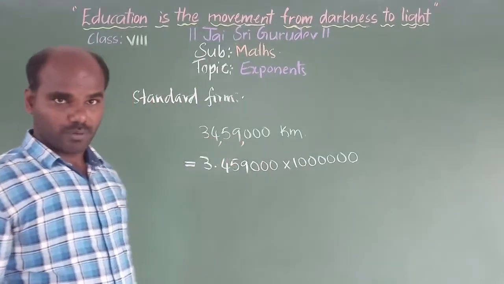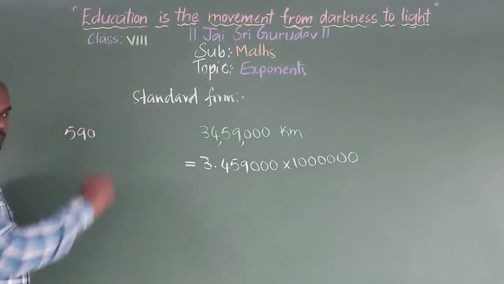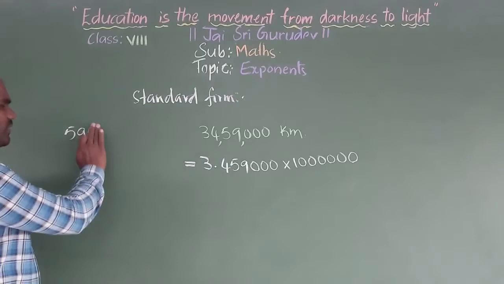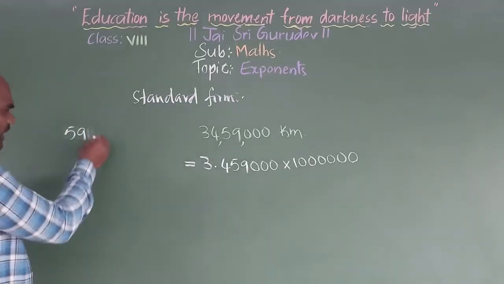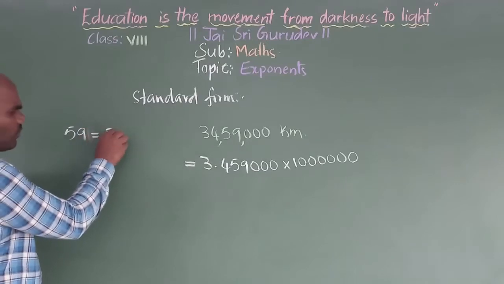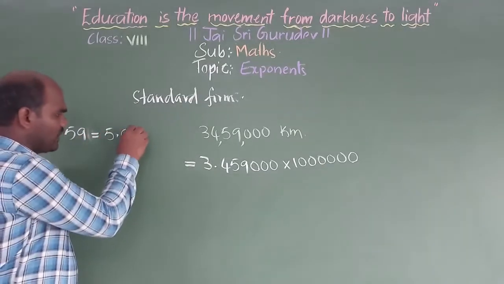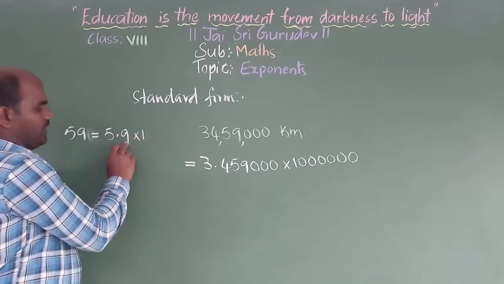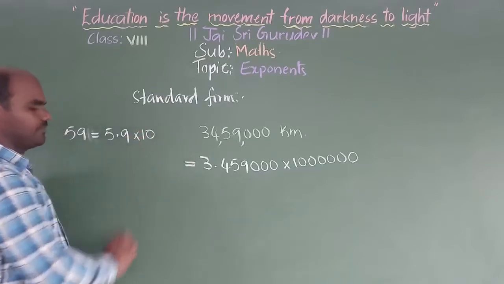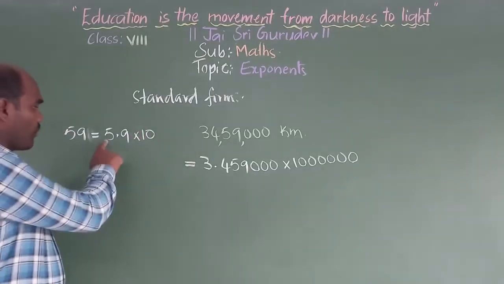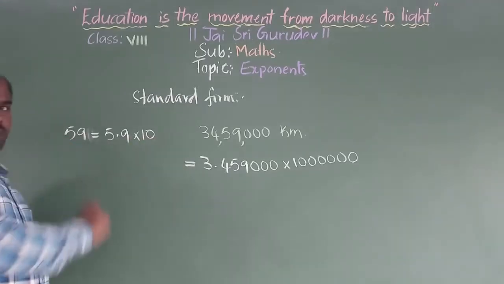So for example, I am taking 590. Why take 590? I will take 59. How will we write 59? That means 5.9. 5.9 into 10, since there is 1 decimal place, so 1 zero. So 5.9 into 10 will become, how much do you get, children? 59 only.